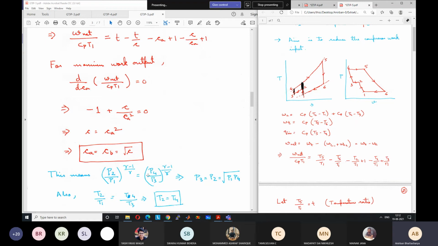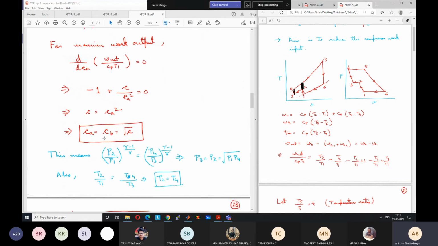If you remove gamma minus 1 by gamma, you get P2 by P1 equal to P4 by P3, or P1 into P4 is equal to P2 into P3. Now, because P2 and P3 are the same, we can calculate any of them. So P3 square is equal to P1 P4, or P3 is equal to root over P1 P4.